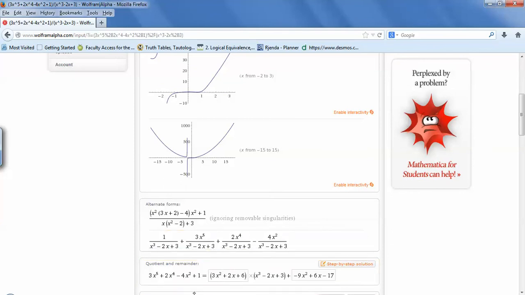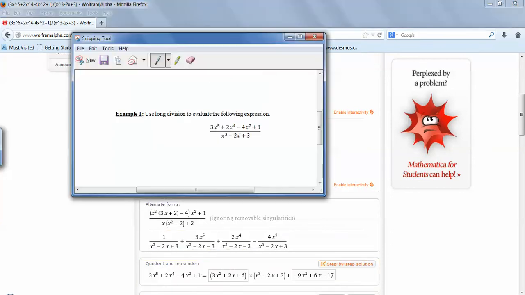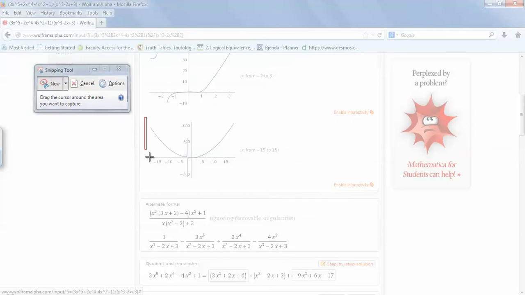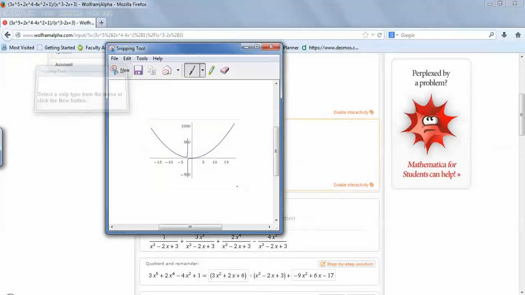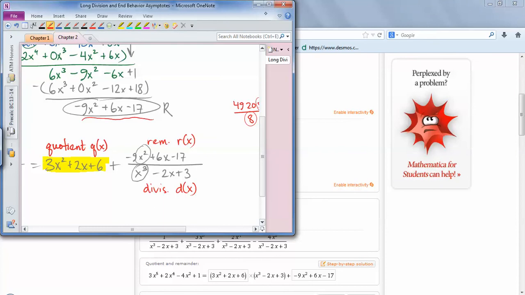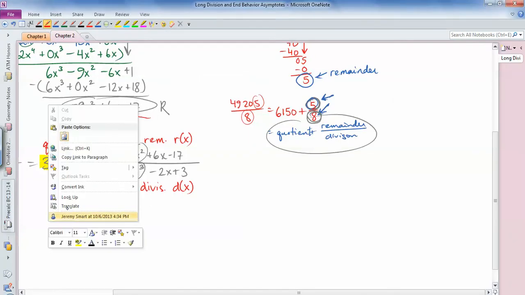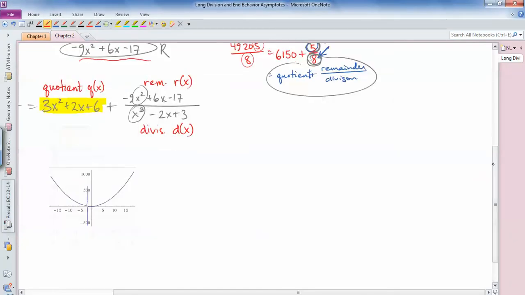So let me do this. I will cut out this picture here, edit, copy, and I'll put it over here. Edit, paste. So there's my picture.